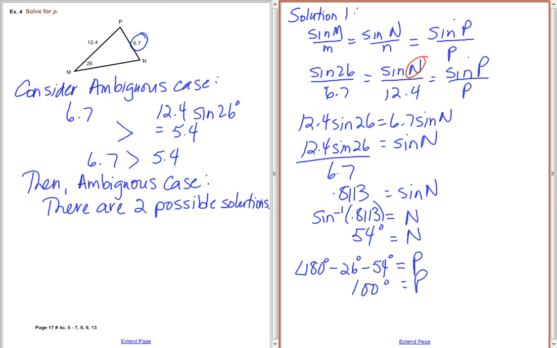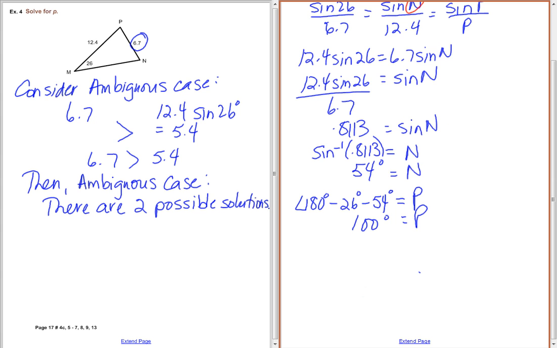And little p, I would need to solve another ratio. So I would set up sine 26 over 6.7 equals sine 100 over little p.